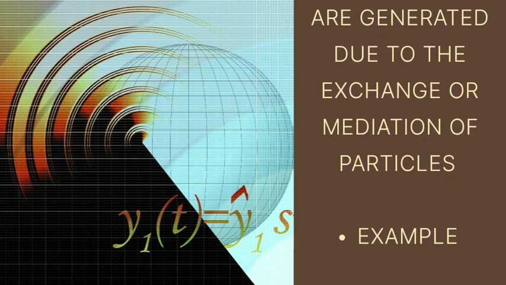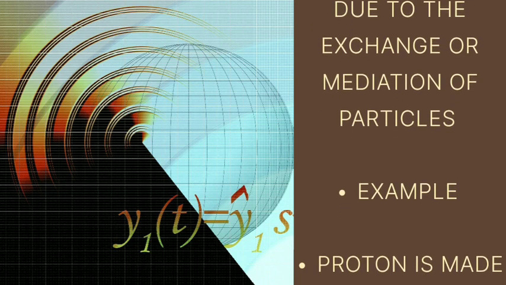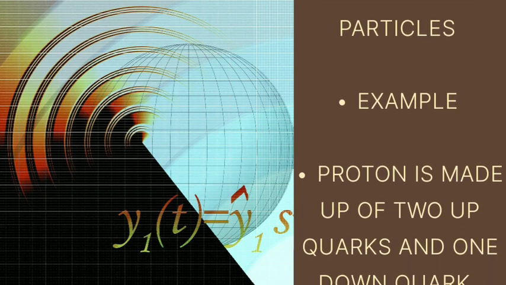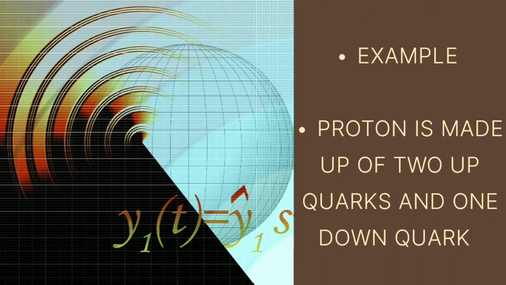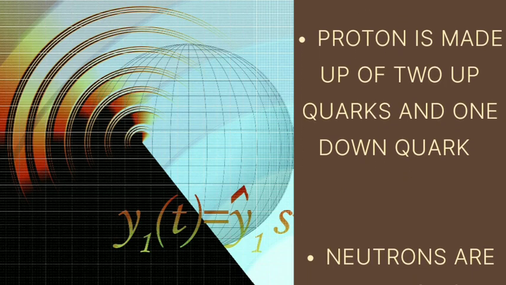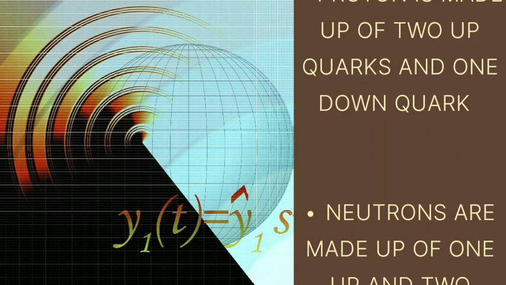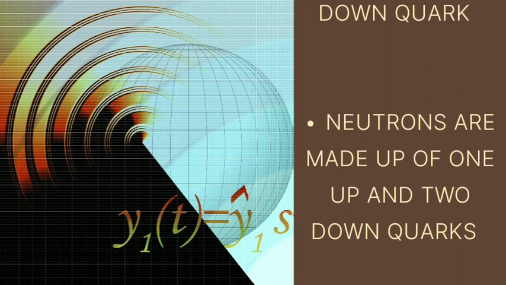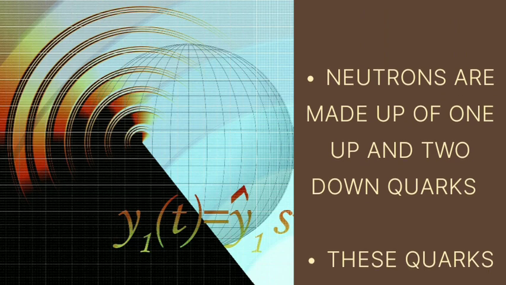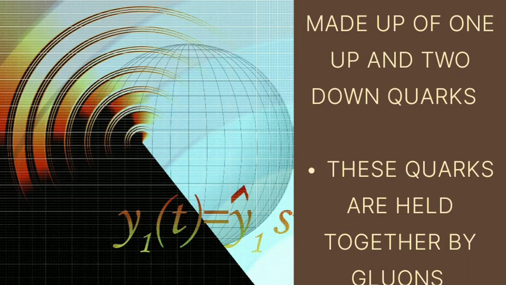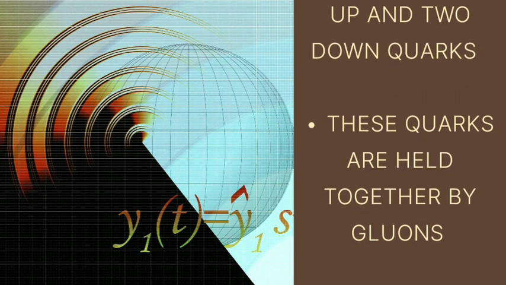For example, proton is made up of two up quarks and one down quark. Also, the neutrons are made up of one up and two down quarks. These quarks are held together by gluons.